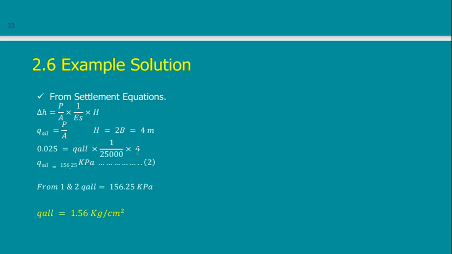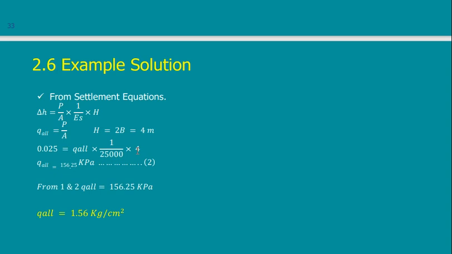Suppose that I did not give you the depth of the compressible layer. What you should do is take the breadth of the footing and multiply it by 2. Remember that previously we said that the stress usually penetrates the soil till it reaches twice the width of the footing.